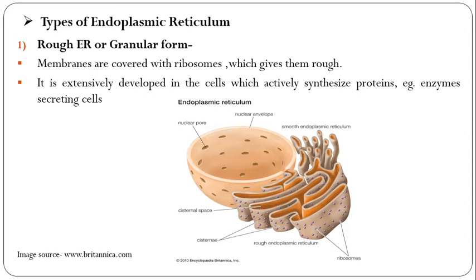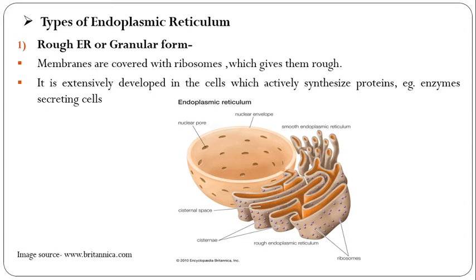See in this diagram, the rounded shape is the nucleus, with nuclear pores in the nuclear envelope, and attached to it are the cisternae of the rough endoplasmic reticulum. In the rough endoplasmic reticulum there are more ribosomes, and these ribosomes make it rough, and on the other side is the smooth endoplasmic reticulum.